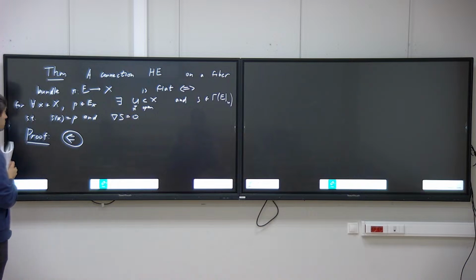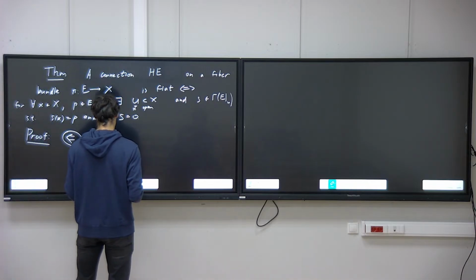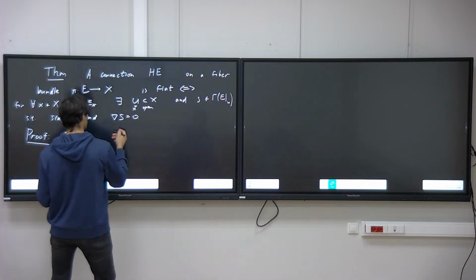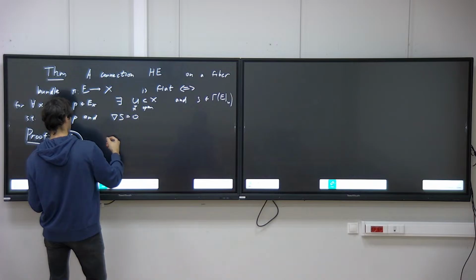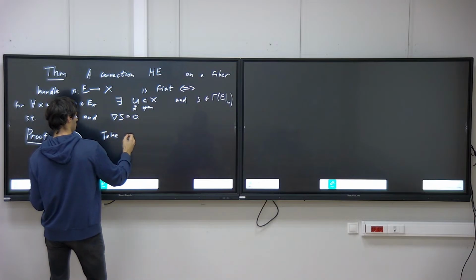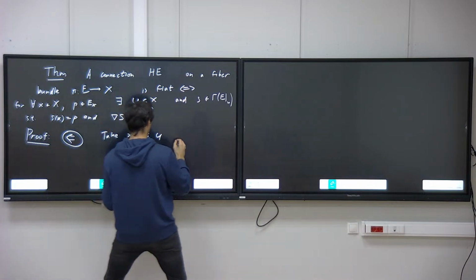If I have a flat section for each p, then my connection is flat. All right. So we take all this stuff as in here. So take x, p, S, U as above.